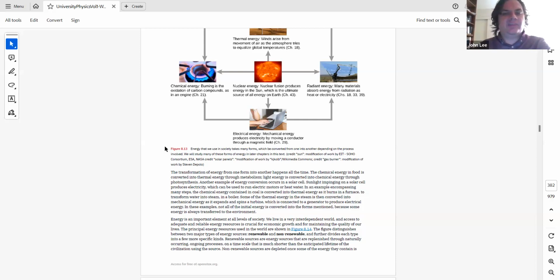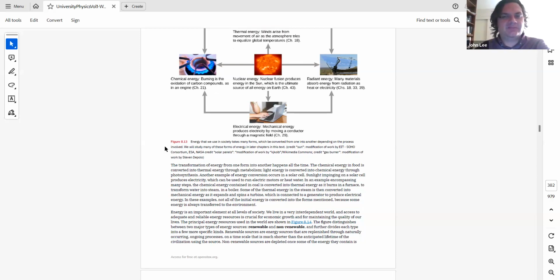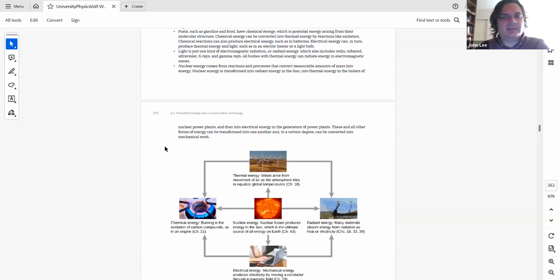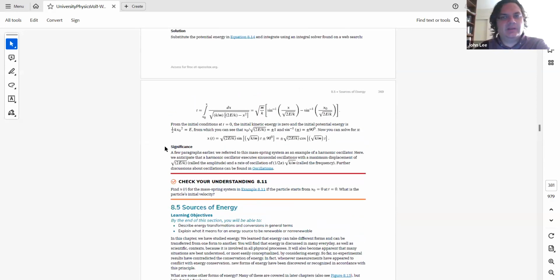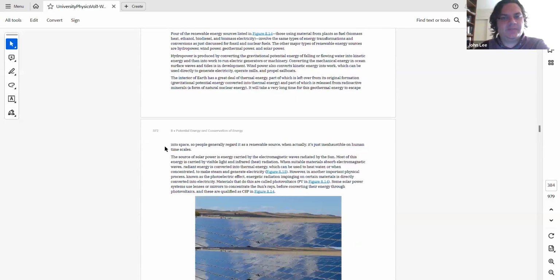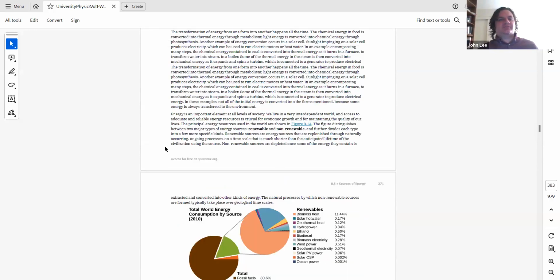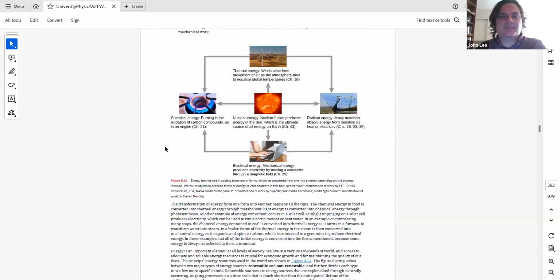So if you have any questions about energy conservation and how the world works, pages 369 to 372 are just a few pages talking about that and about practical applications of what we've been learning.